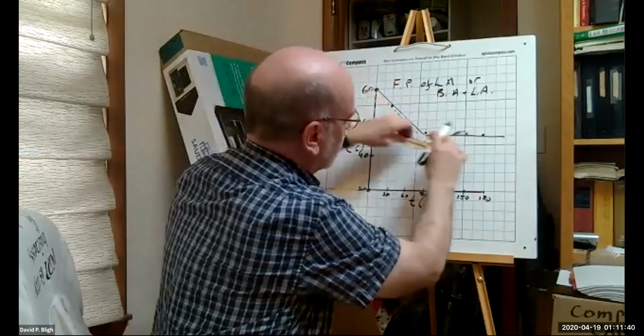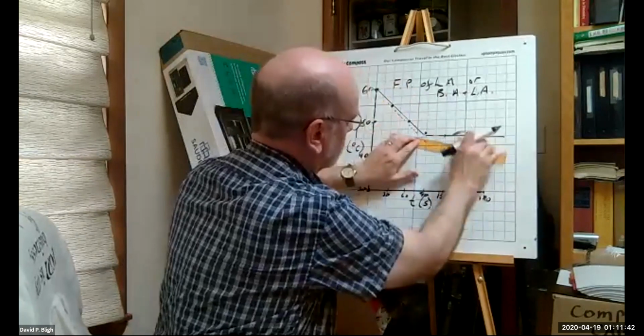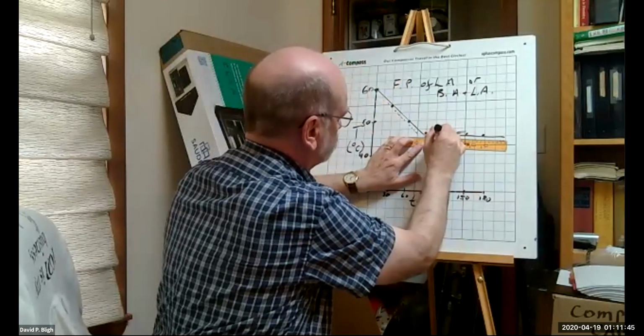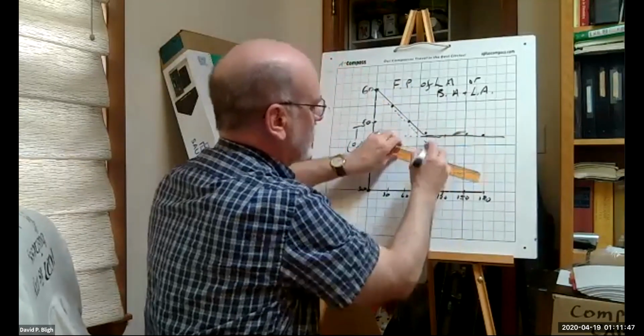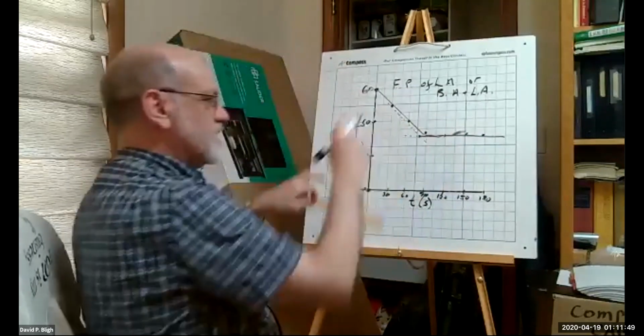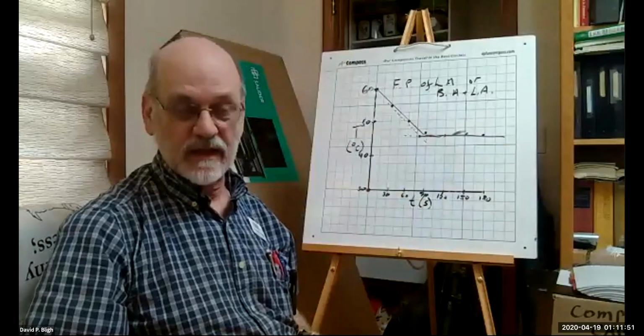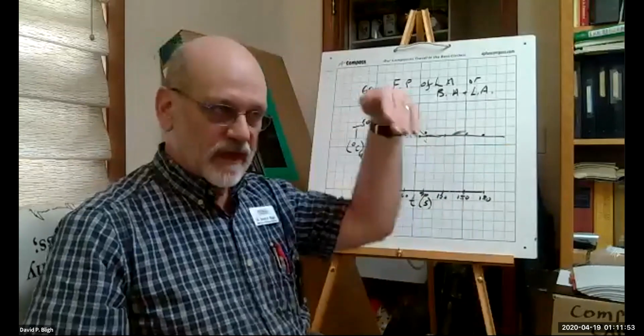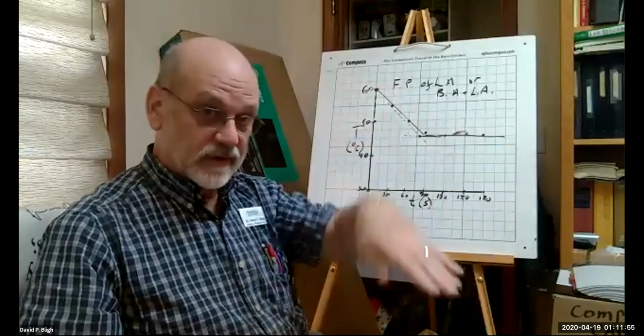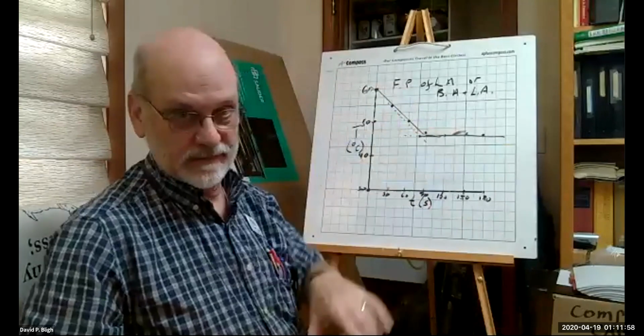Right? And this part of the line, right? And where they cross is your freezing point. Okay? That's how you overcome that little curve that might develop in your data.